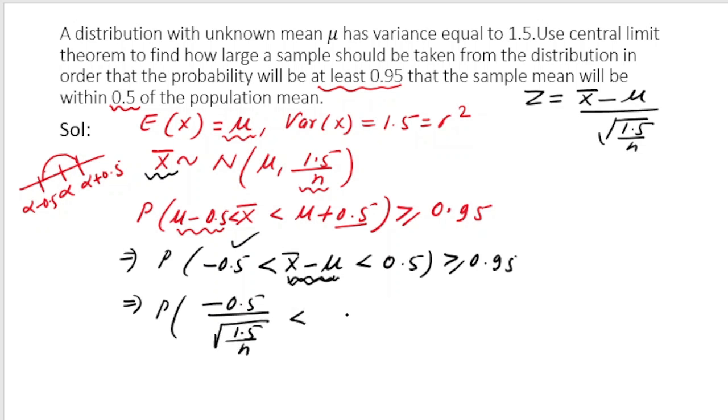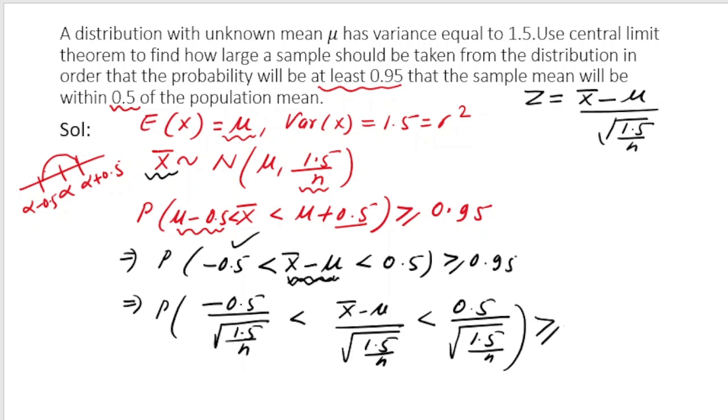This will be less than (x bar minus mu) by under root 1.5 by n, and this will be less than 0.5 by under root 1.5 by n, and this probability should be greater than 0.95. Now if you look at this term here, this is nothing but z, right?